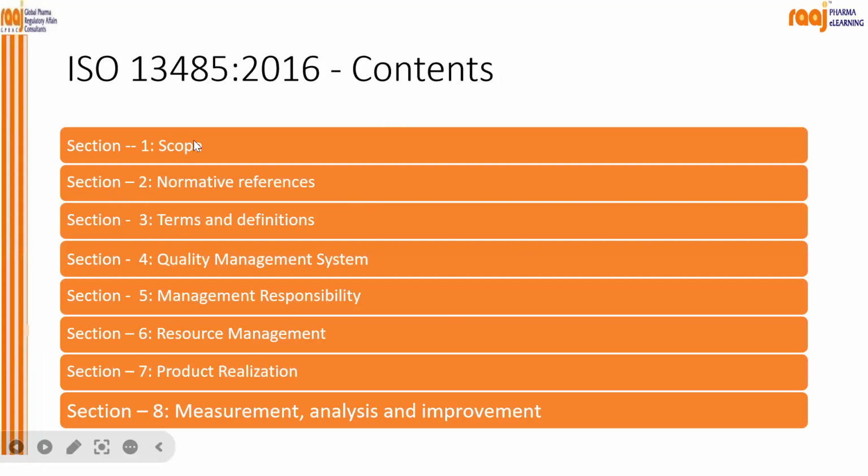The first clause is scope, second normative references, third terms and definitions, and fourth quality management system. Fifth is management responsibility, sixth resource management, seventh product realization, and eighth measurement, analysis and improvement. So clauses 4, 5, 6, 7, 8 are very important.